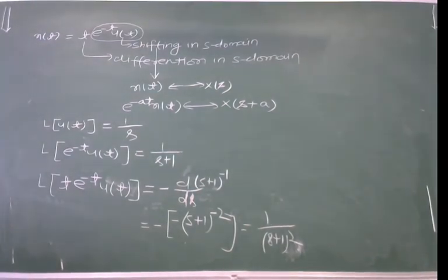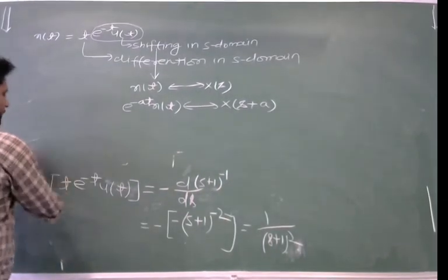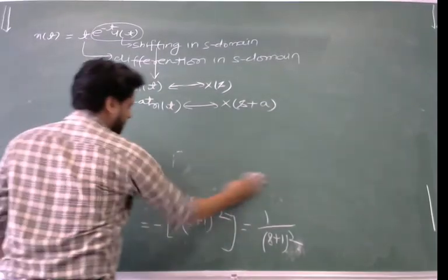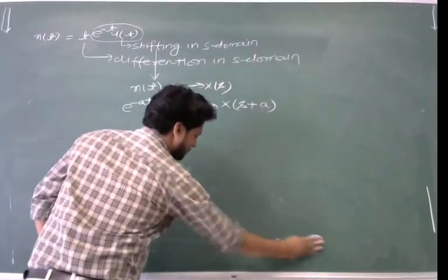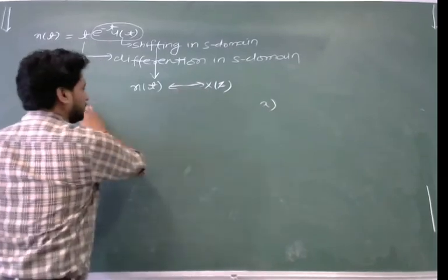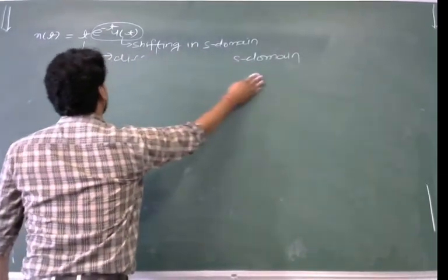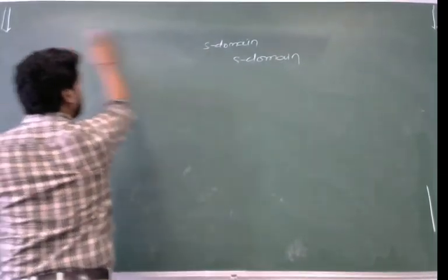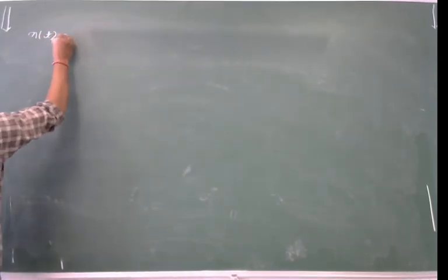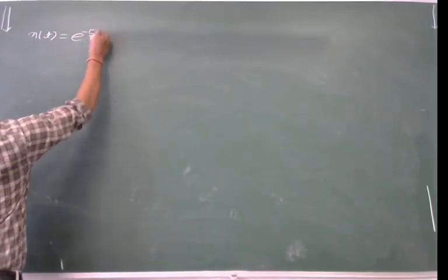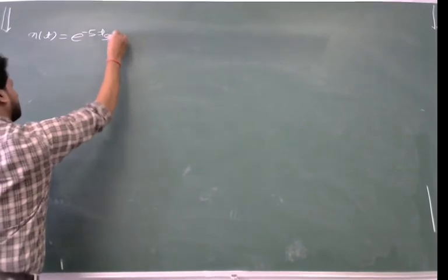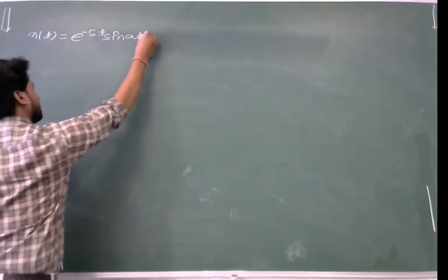One more example is e power minus 5t sin at. x(t) is given as x(t) is equal to e power minus 5t sin of at.